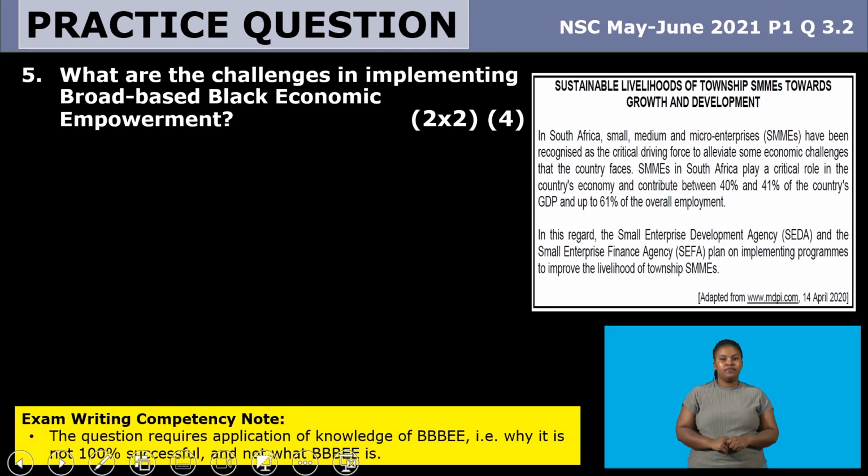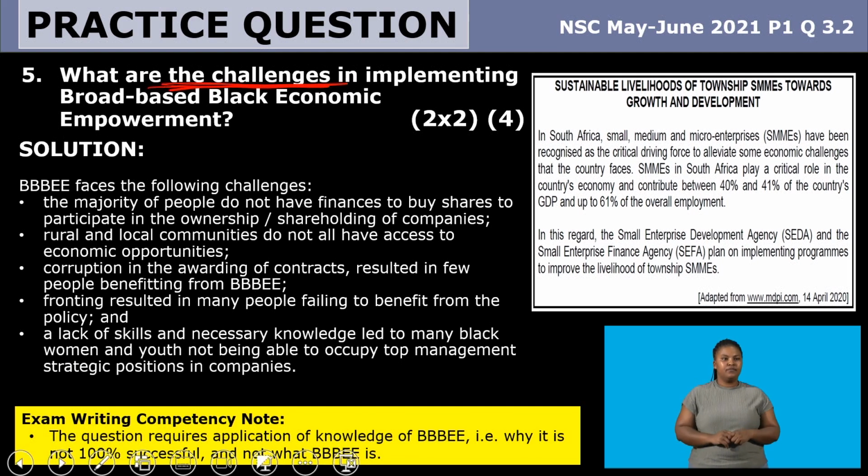Number 5, what are the challenges in implementing broad-based Black economic empowerment? So the question is focusing on the challenges in the implementation of the BBBEE. BBBEE faces the following challenges. 1, the majority of people do not have finances to buy shares to participate in the ownership or the shareholding of the companies.